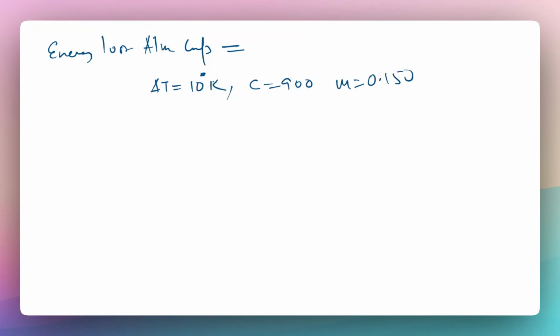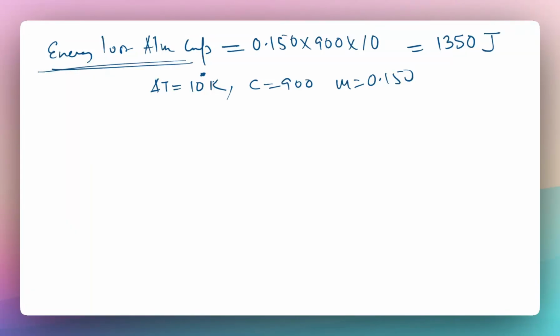We multiply all of these three and we'll get our energy. So 0.150 times 900 times 10 will be equal to 1350 joules. So that's the first energy which our ice is going to receive. The second energy is going to come from the energy lost by the water.